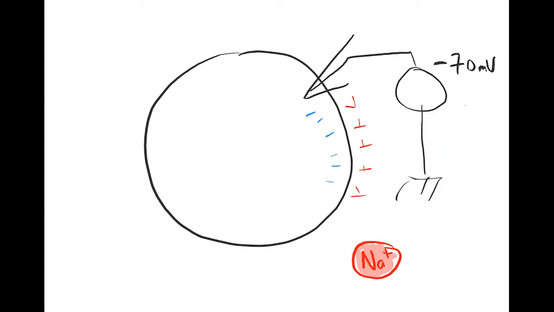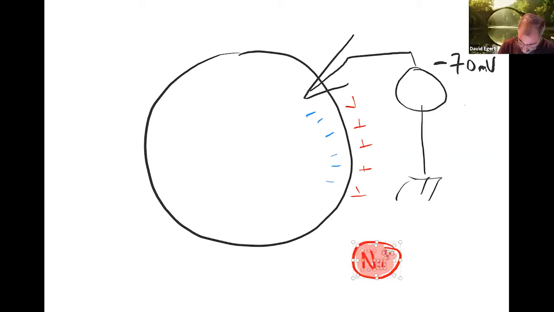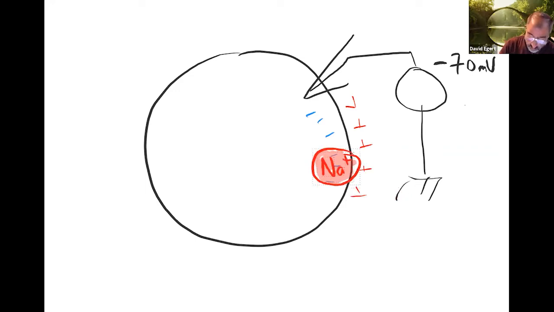Move inside. It's going to want to move in. Exactly. It is positive, so it's going to want to move towards the more negative. So there's going to be an electrical force drawing this cation into the cell due to the negative voltage across the membrane.